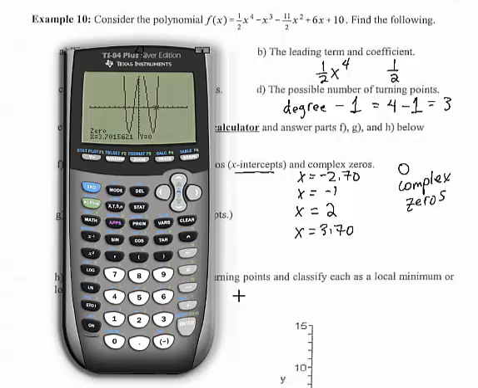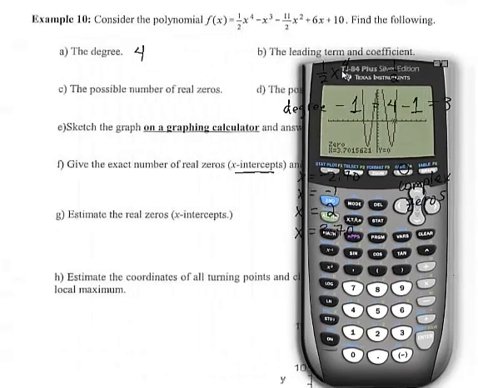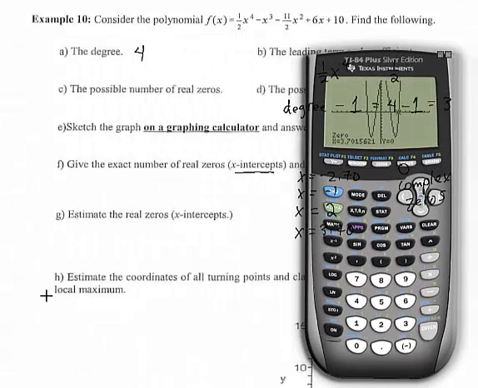And I know I'm going to have to graph this eventually at the bottom of the screen. So I'll write down my x-intercepts one more time. Negative 2.70, negative 1, 2, and x equals 3.70.